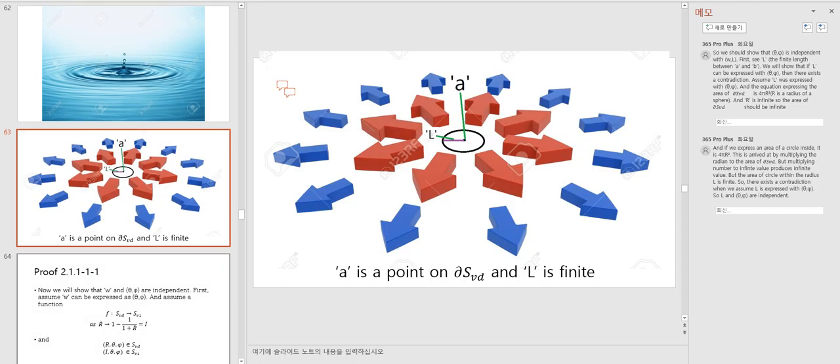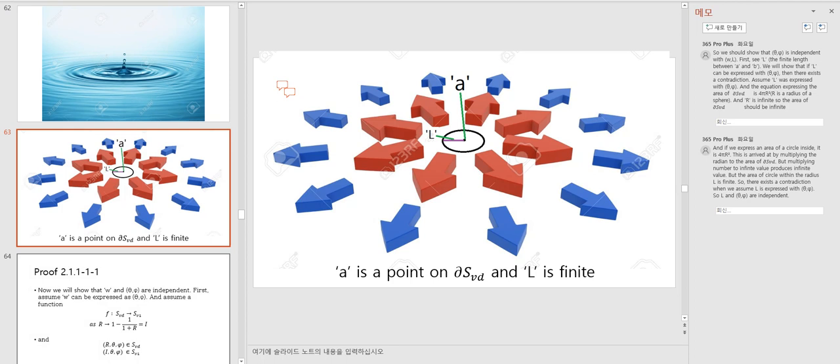Now, we will show the four coordinates are independent. So, we should show that (theta, phi) is independent of (omega, L). First, see L, the finite length between A and B. We will show that if L can be expressed with theta phi, then there exists a contradiction. Assume L was expressed with theta phi. The equation expressing the area of dS3D is 4 pi r squared, where r is the radius of a sphere, and r is infinite. So the area of dS3D should be infinite.